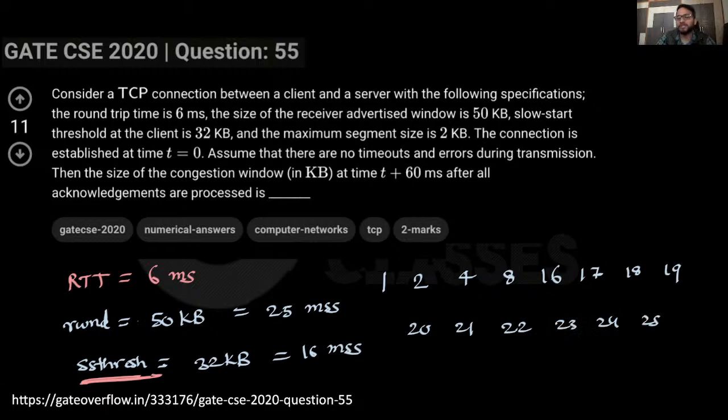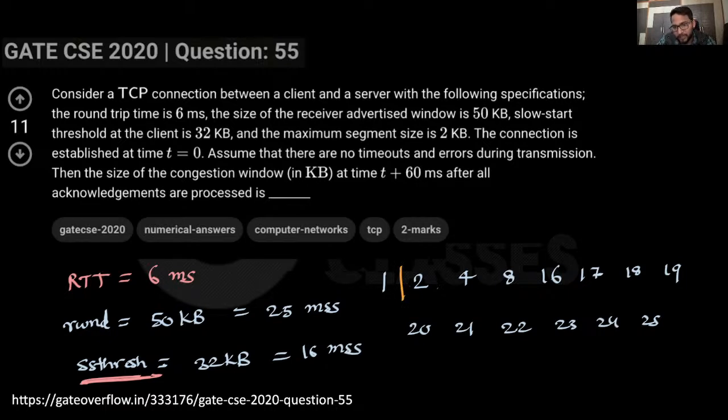Now let's see how many RTTs I am taking from here. This is at t equal to 0. After receiving one set of all ACKs, we call it 1 RTT, which is after 6 milliseconds.